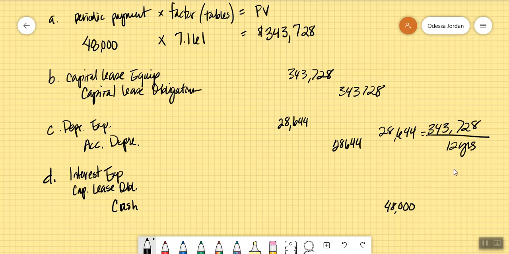So remember, the lease amount when you talk about the present value is the 343,000 that we calculated, and we're going to multiply that by the 9%, and so that comes up to 30,936. So that's the amount of the 48,000 that goes towards the interest.